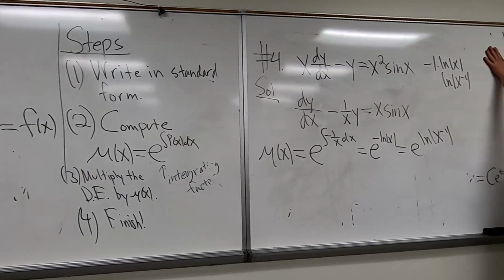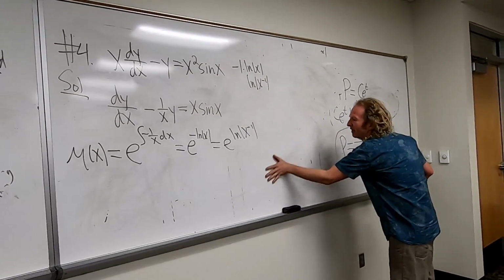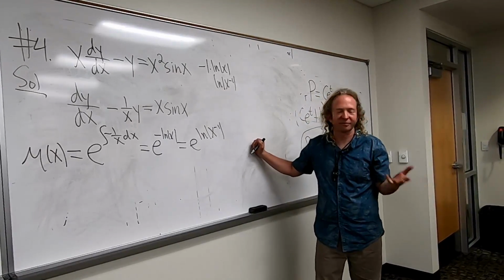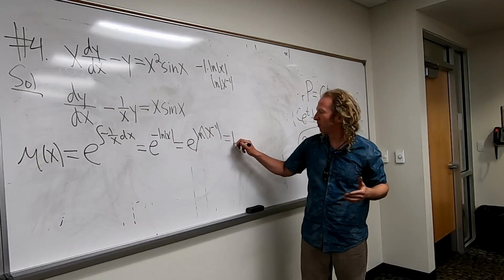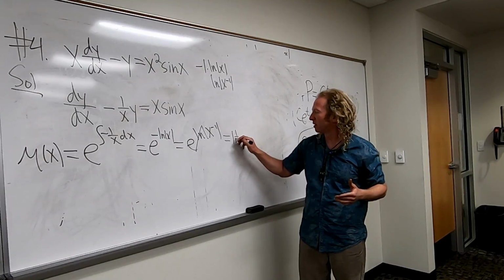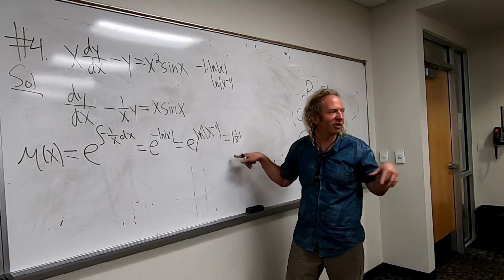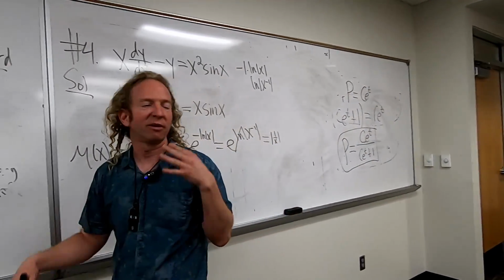Now the e and the ln cancel, so this will be the absolute value of 1 over x, because that's x to the negative 1. I skipped a step there.